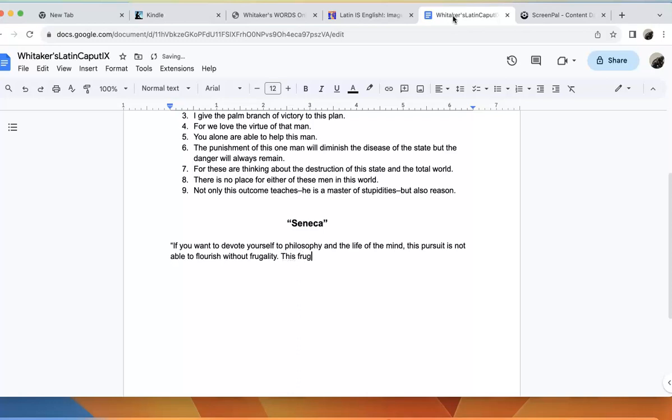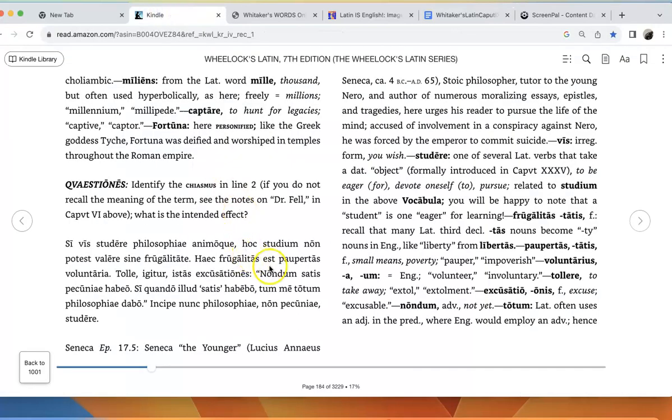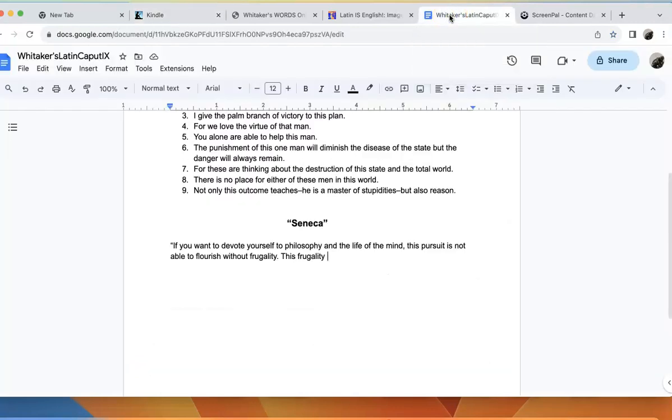This frugality is voluntary poverty. So poverty, voluntary. This frugality is voluntary poverty. Think of somebody who joins a monastery. You're basically renouncing the world.